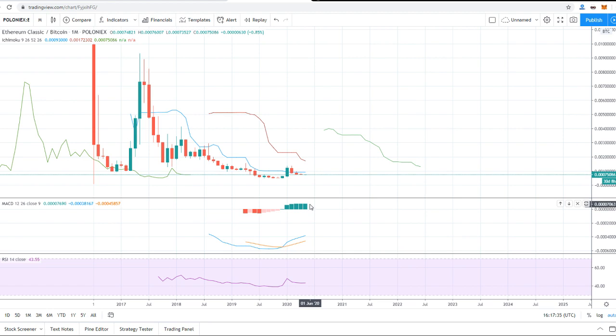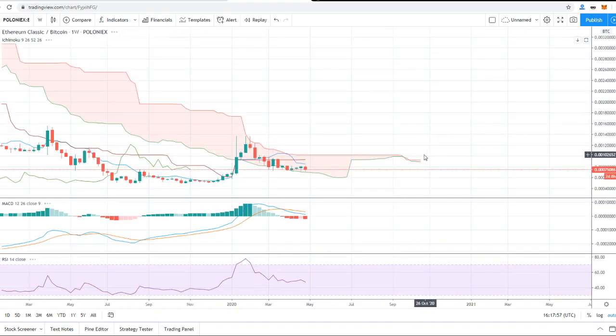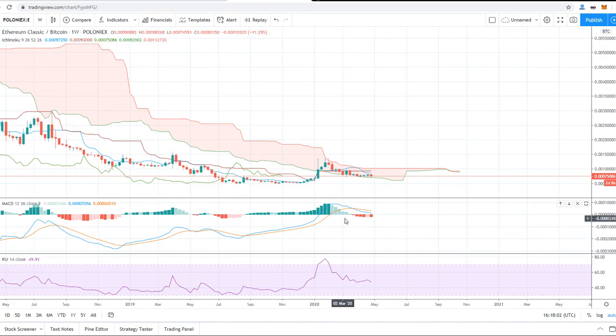So we are in the bull market rally on the longer time frame. So this is the monthly chart, and it shows that there's good buying in the Ethereum Classic pair of Bitcoin. So let's move back to the weekly chart.